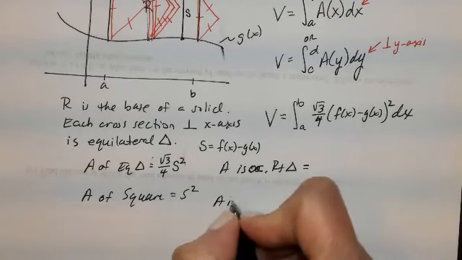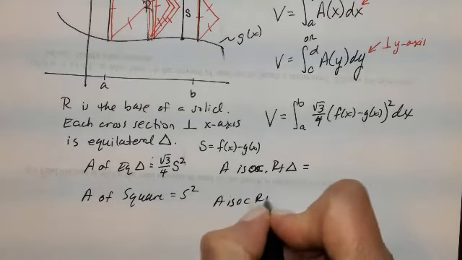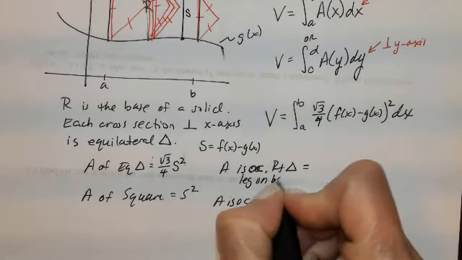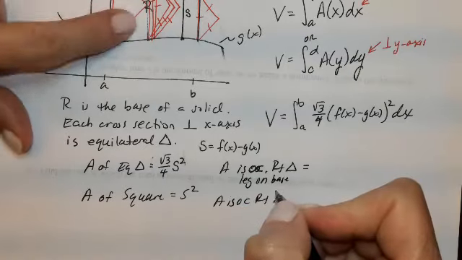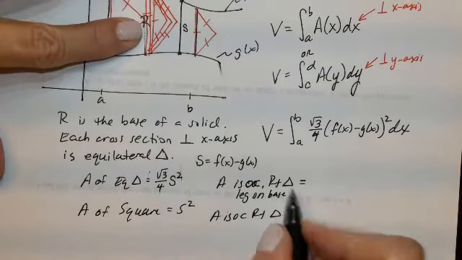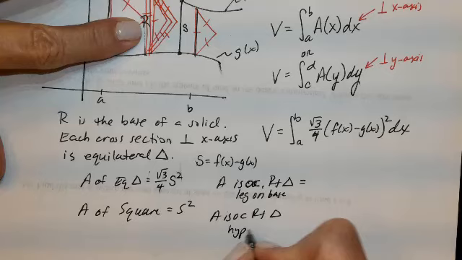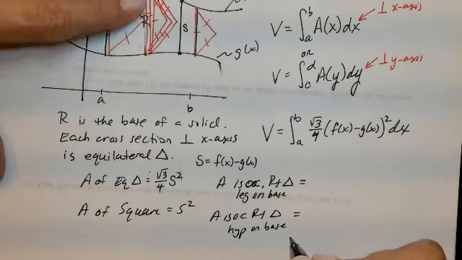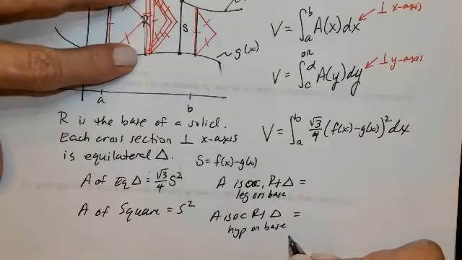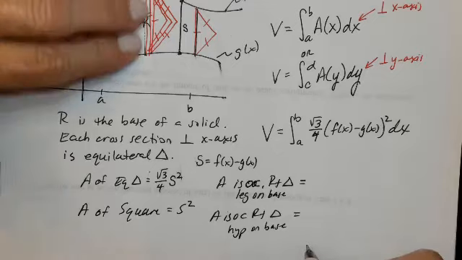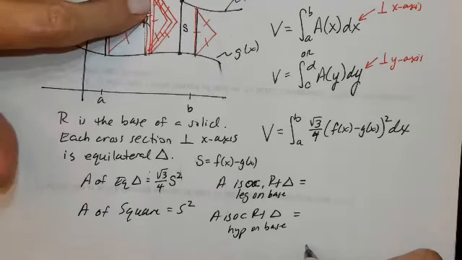One of them had its leg on the base, so our s value would be the leg of the right triangle, and the other had the hypotenuse on the region. And the one with the hypotenuse was the smaller of the two, right? That would create a smaller triangle than if a leg was on the base.